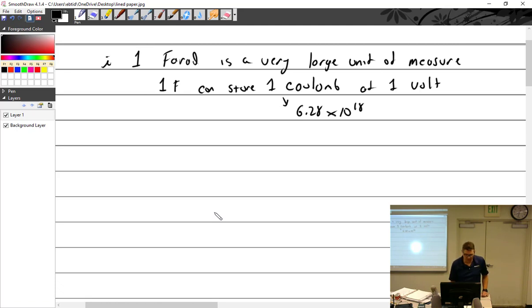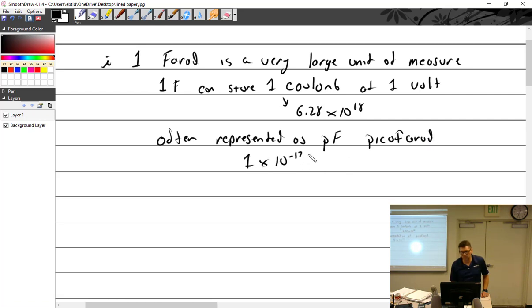So therefore, capacitance is often represented as picofarads. The picofarad, P-I-C-O-F-A-R-A-D, which is 1 times 10 to the negative 12.